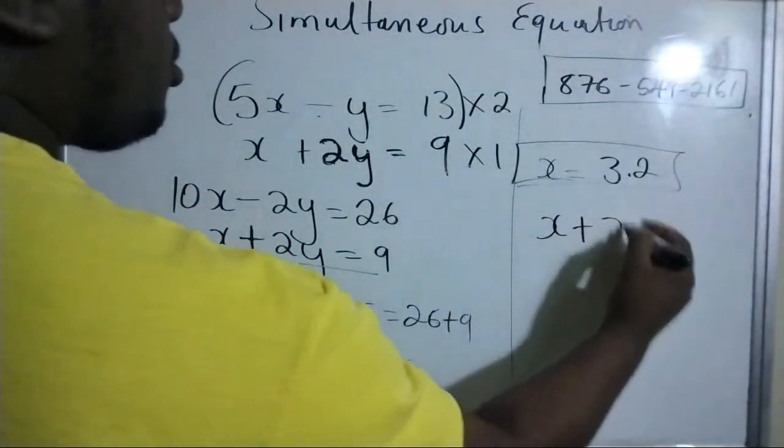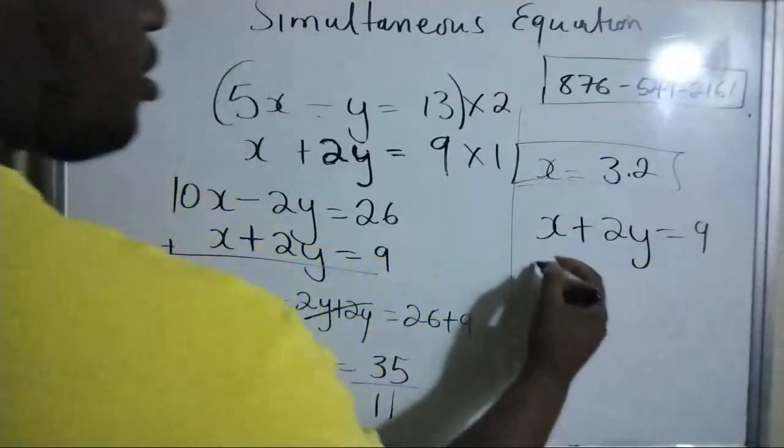So it's x plus 2y equals 9, with x at 3.2.